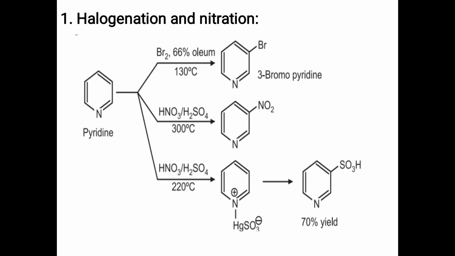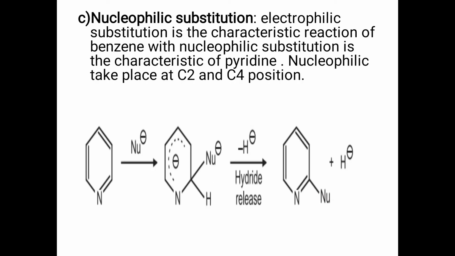Under electrophilic substitution, a halogenation reaction and nitration reaction take place with pyridine. For example, pyridine reacts with bromine at 130 degrees Celsius in 66% oleum. So the product will be 3-bromopyridine. Accordingly, we have two more reactions with nitric acid and sulfuric acid at different temperatures. Then is the nucleophilic substitution reaction.